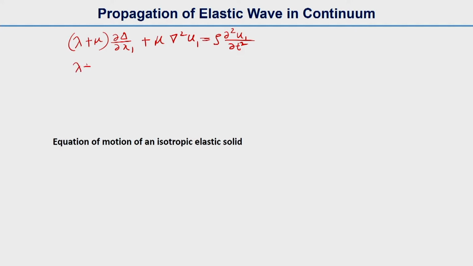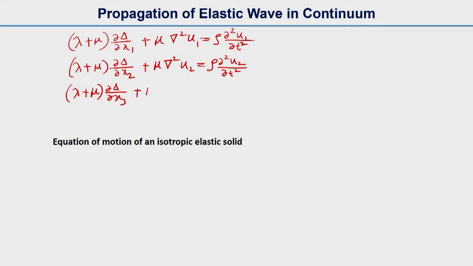For the x2 direction we have lambda plus mu, the same, but with respect to x2, plus mu with the operator on u2, and rho times the second partial of u2 with respect to t. Similarly for the x3 direction we can write u3 and then the second partial of u3 with respect to t. Now these are called the equations of motion.